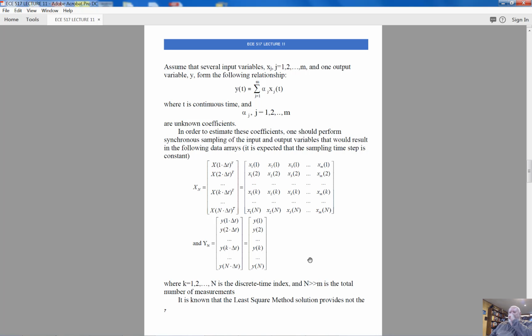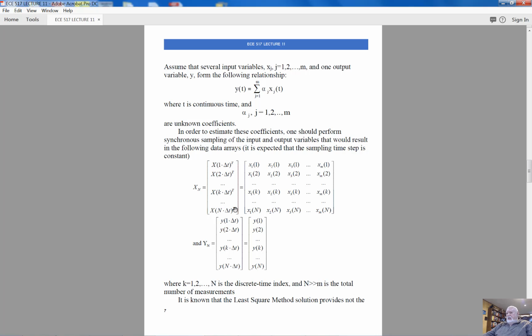A similar situation we have for array Y_N with capital letter N as a subscript. It implies that we have a huge column of measurements: output y taken at time equal to 1 times delta t, output y measured at time equal to 2 times delta t, and so on.